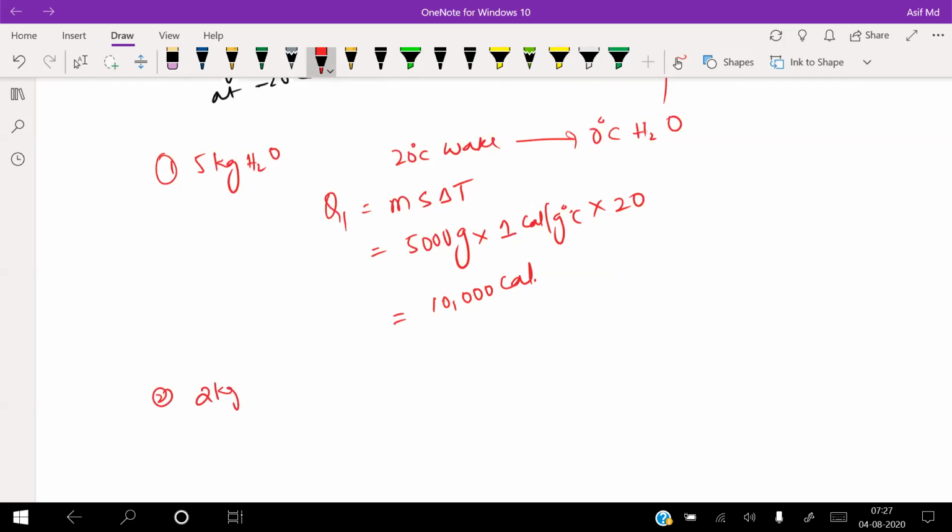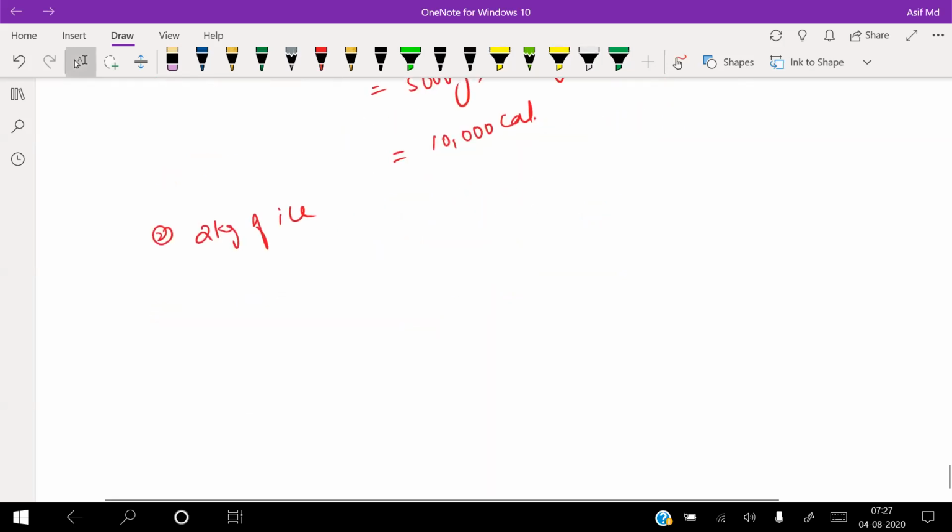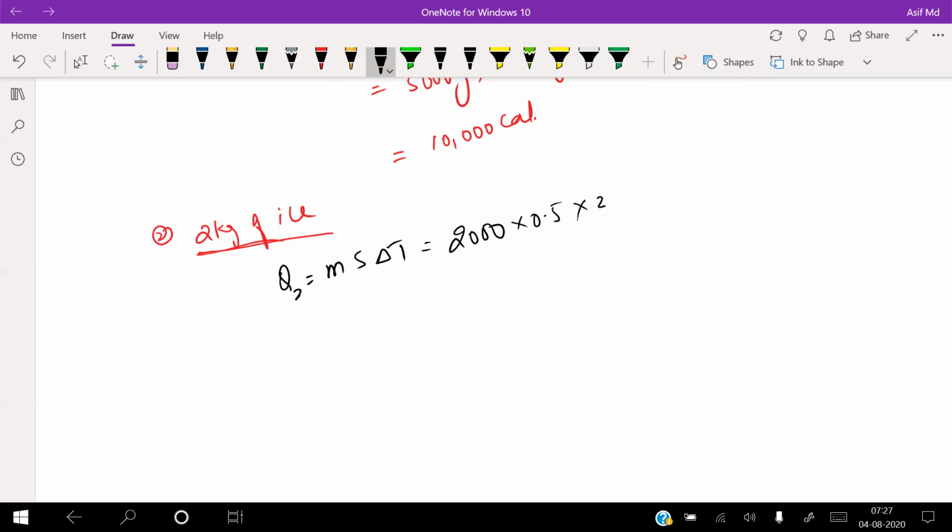2 kg of ice. For your 2 kg of ice, see what exactly happened. Sir, we can actually write ms delta T plus ml of ice. Yeah, we can write like that. So Q2 will be equal to ms into delta T. That is nothing but 2,000 mass, and specific heat is 0.5, into 20.